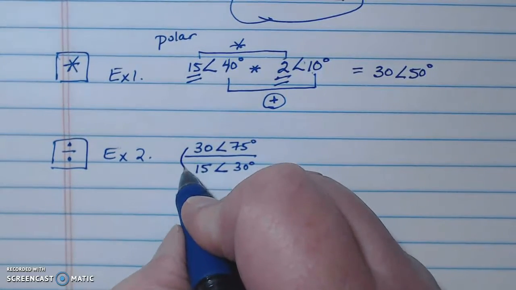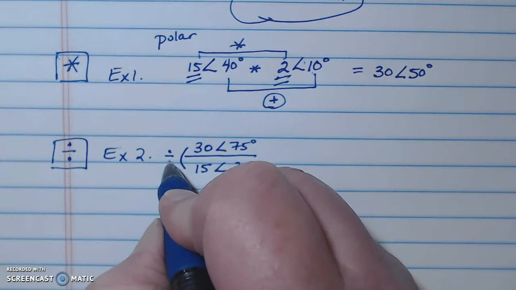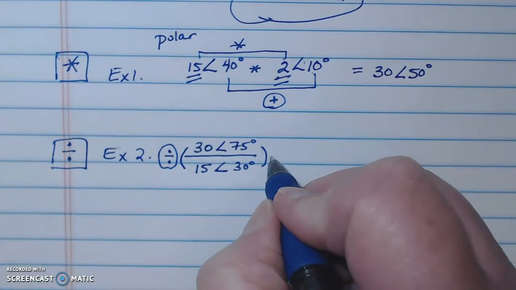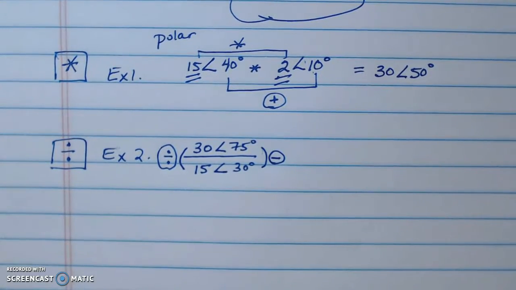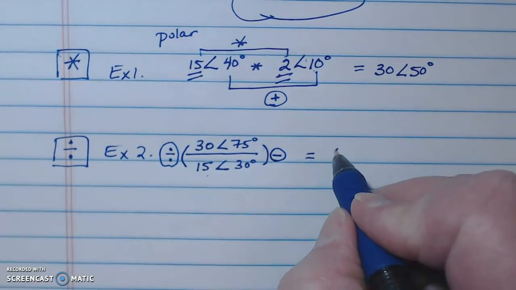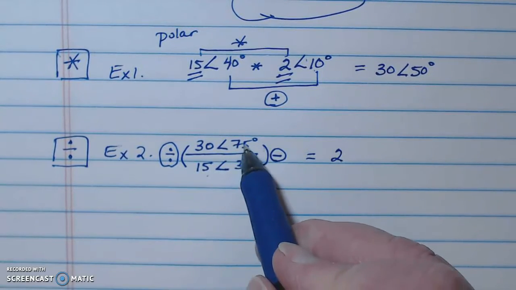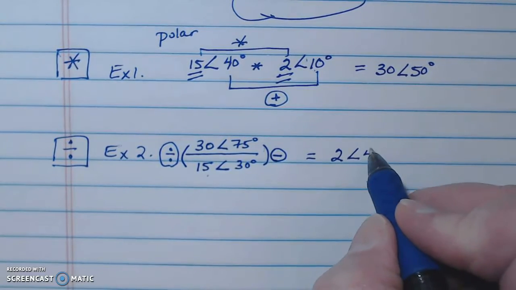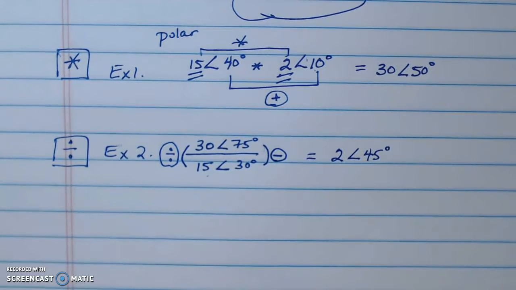You get to literally divide the magnitudes and subtract the angle measure. So 30 divided by 15 is 2, and 75 minus 30 would deliver an angle measure of 45 degrees.